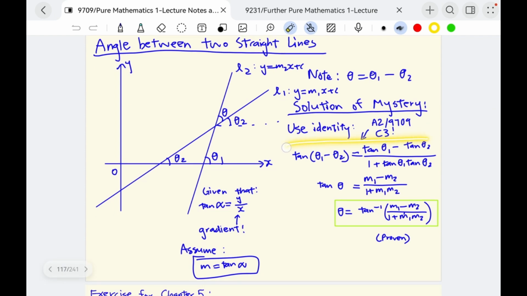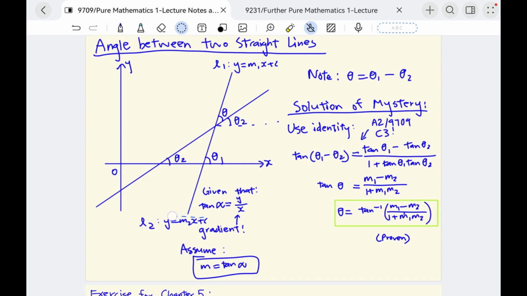So by using the tangent double angle formulas, tangent theta 1 is gradient 1, tangent theta 2 is gradient 2. Sorry, there's a mistake: this should be line 2 and this should be line 1.